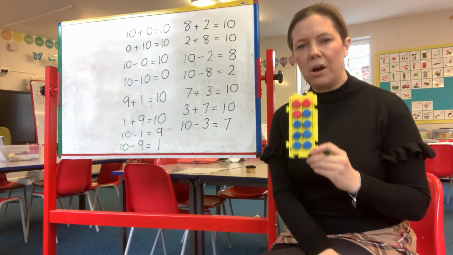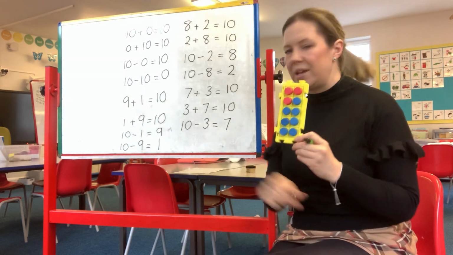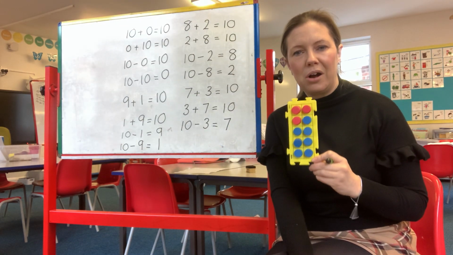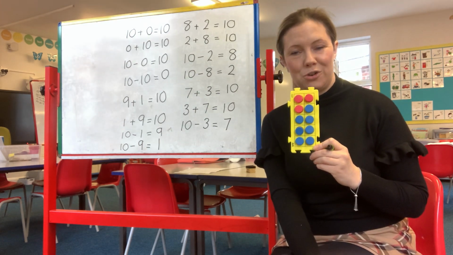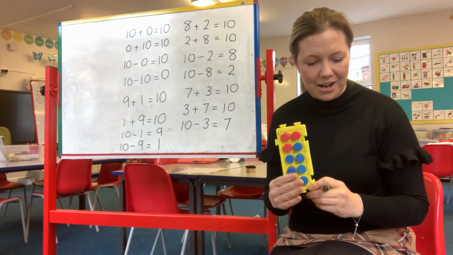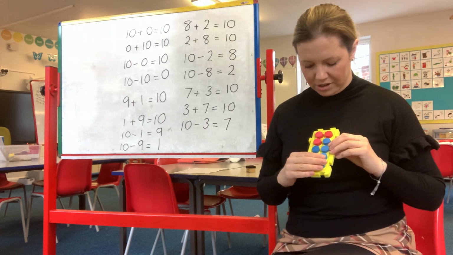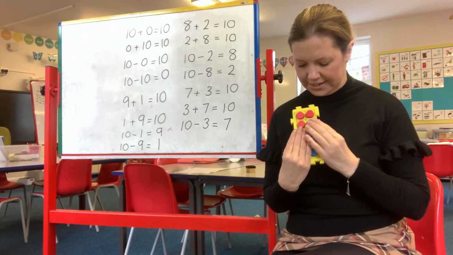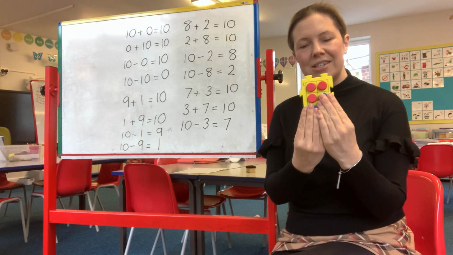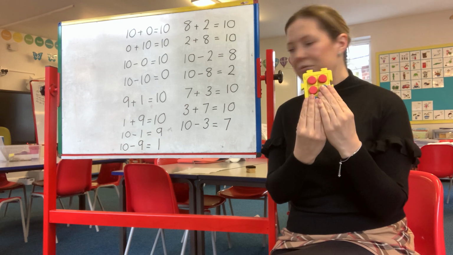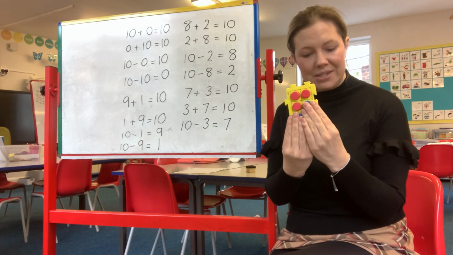Or there's another part we could take away. If we've taken away the 3 part, what other part could I take away? I wonder. Well, you're quite right, it's the 7 part this time. Okay, because they're the 2 parts that we have to make 10 this time. So let's see how I can cover those up. So if I take away that 7 part, it's going to leave us with the 3 bad apples this time, isn't it?